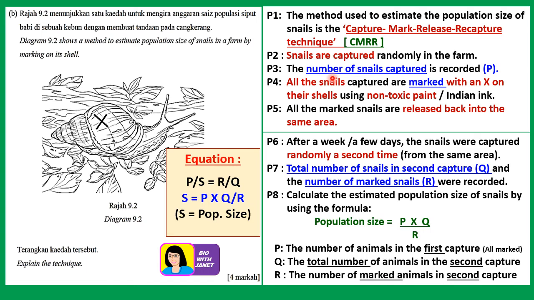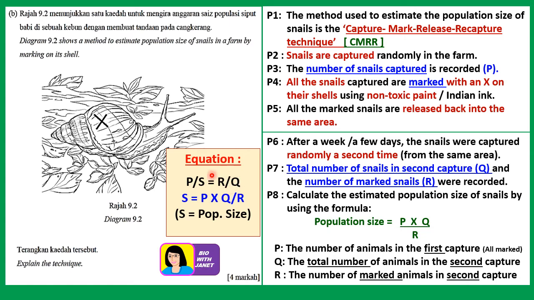The proportion of snails that were marked out of the total population equals the proportion of snails that were marked out of the total number of snails in the second capture. It should be more or less the same.